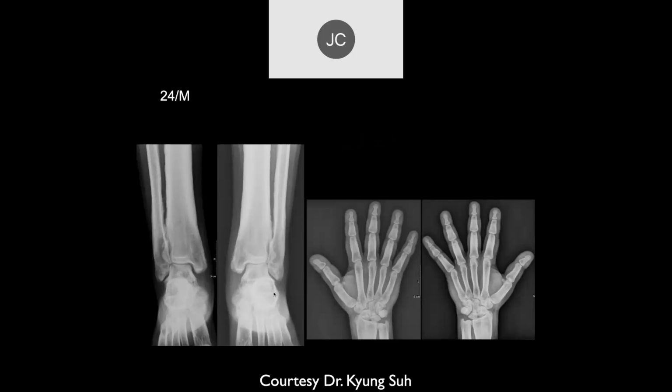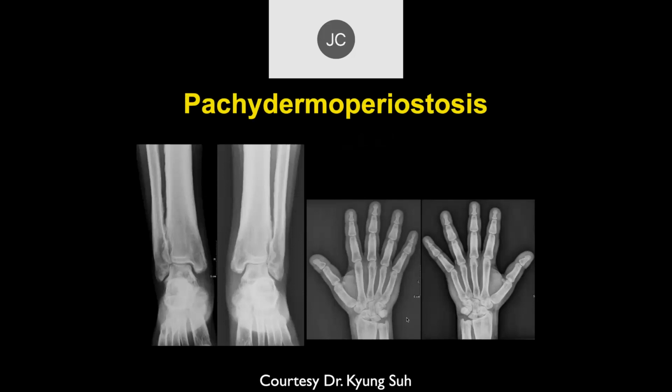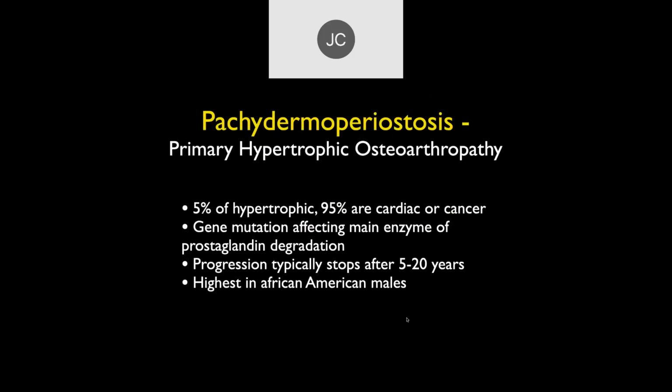Okay, 24-year-old male. The distal tibia and fibula have this periosteal thickening that's irregular. The hands, similarly with the proximal phalanges, they look very thickened. The skin is kind of thickened as well, and this is pachydermoperiostosis.